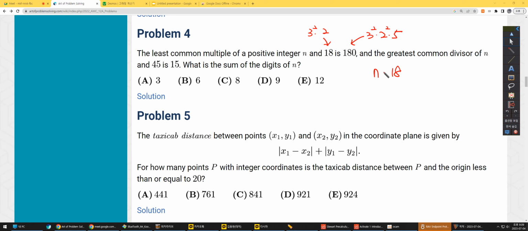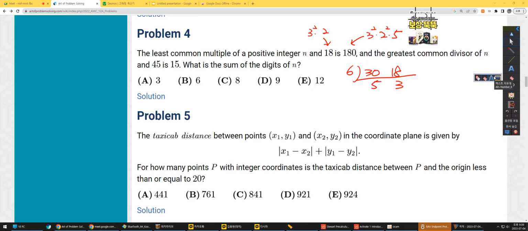Yeah, so n is a multiple of 10 and a multiple of 15. So n should be both a multiple of 10 and 15. So the first candidate is 30. If we assume n is 30, the LCM is 90, not 180. So n is not 30.